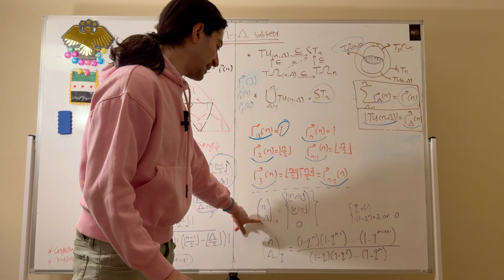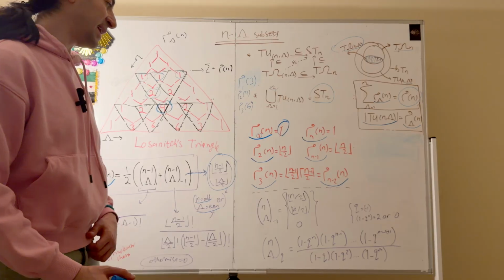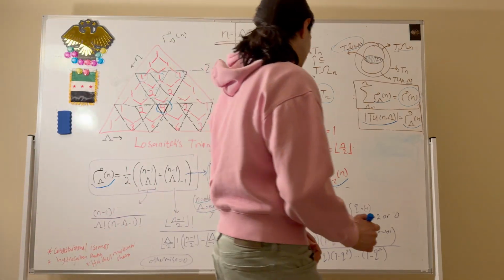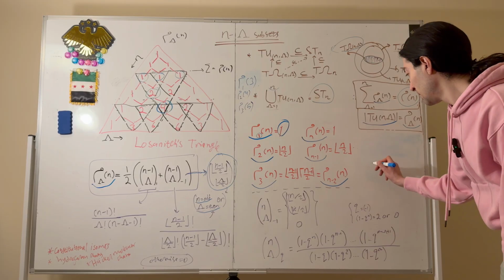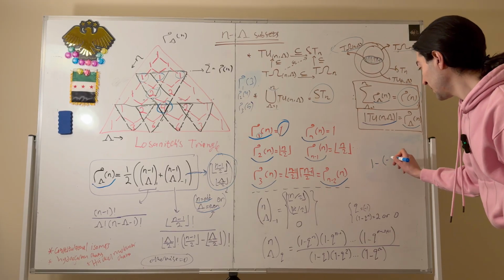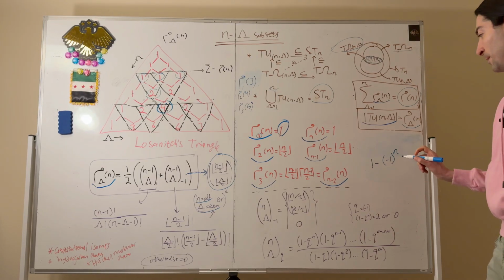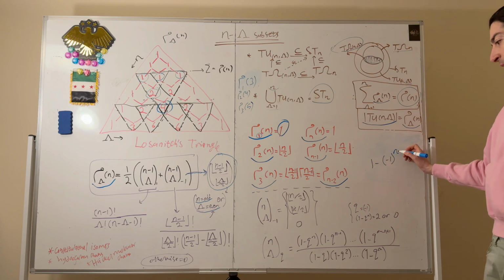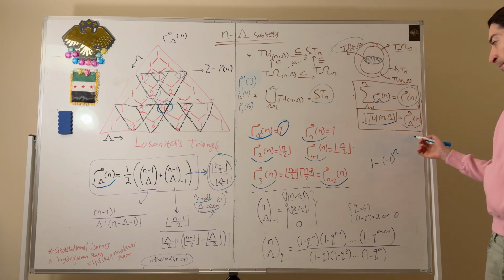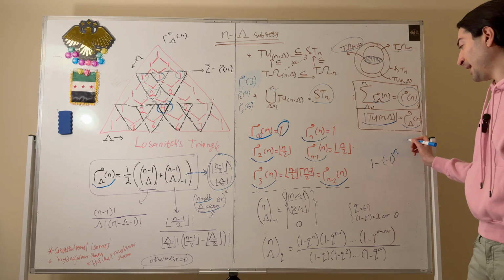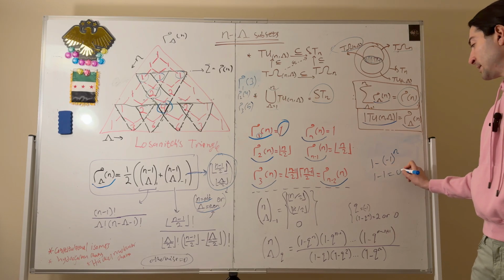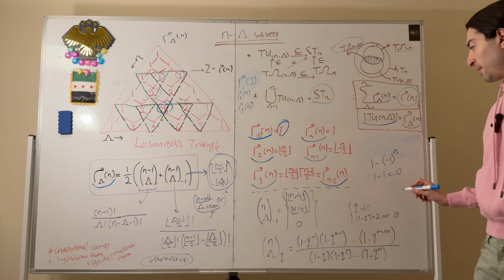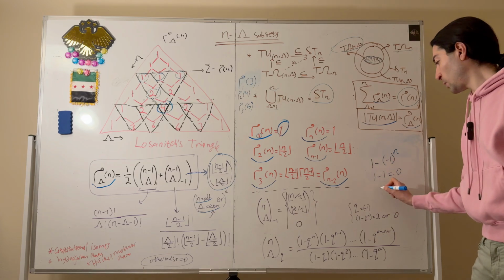Now, when q is equal to negative 1, notice what happens here. You have two possibilities. So 1 minus negative 1 to the power of n. If n here is even, this becomes 1. So we say 1 minus 1, we get 0. If n is odd, this becomes positive 1.